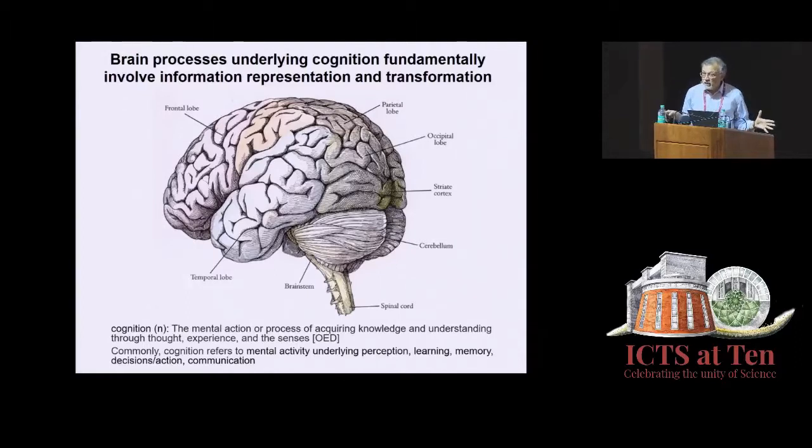And more commonly, cognition simply refers to what the mind is and does, which is mental activity underlying perception, learning, memory, decisions, action, communication. How does the brain create cognition? I think this is the deepest question in the field of neuroscience and cognitive science.